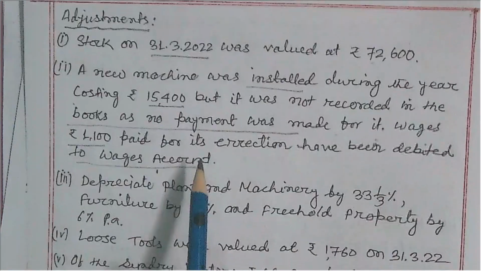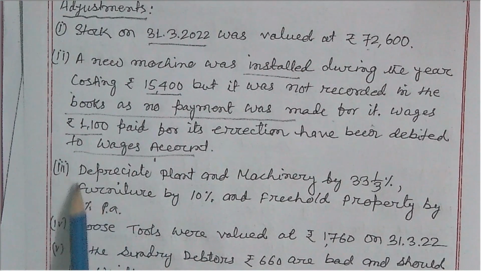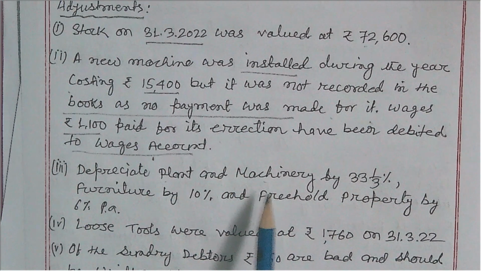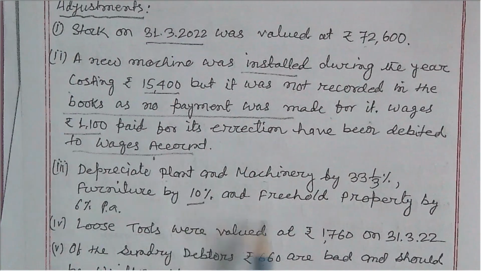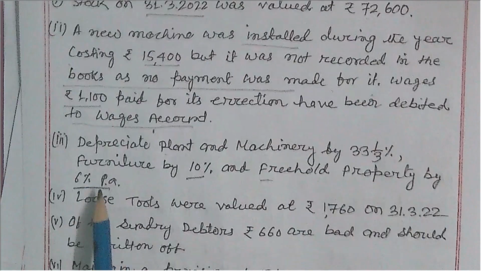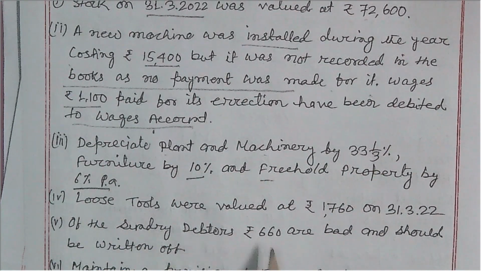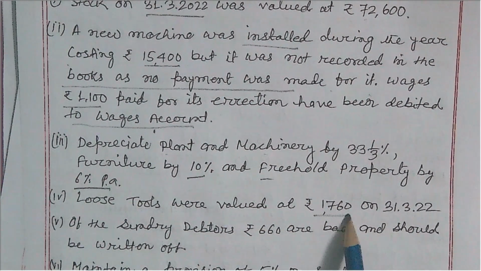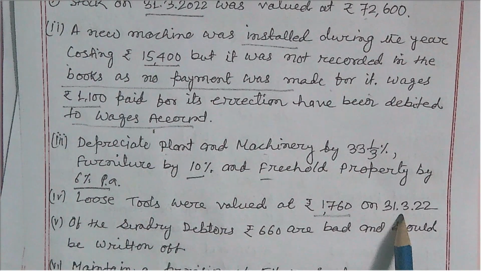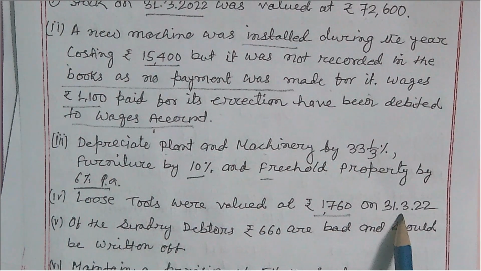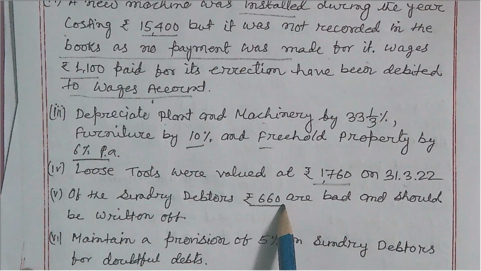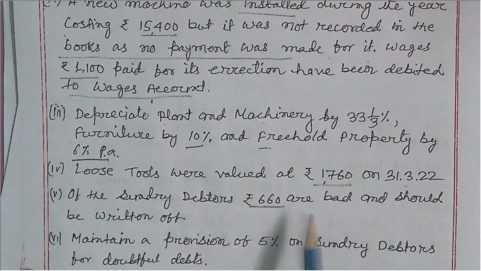And depreciation information is provided. Depreciate plant and machinery by 33 1/3%, furniture by 10%, freehold property by 6%. Loose tools were valued at rupees 1760 on 31st March 2022. Of the sundry debtors, 660 are bad and should be written off.